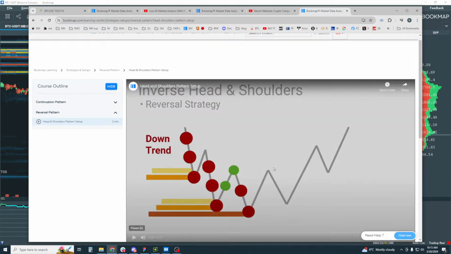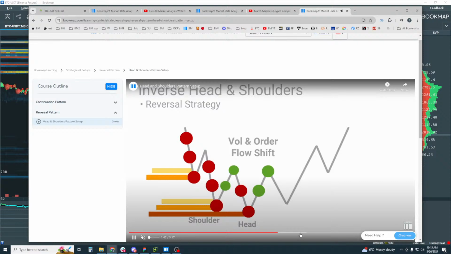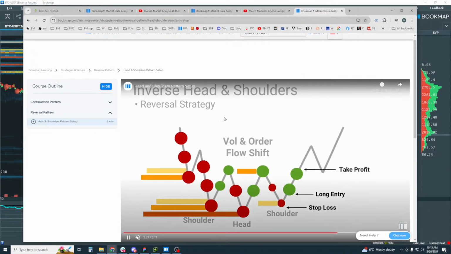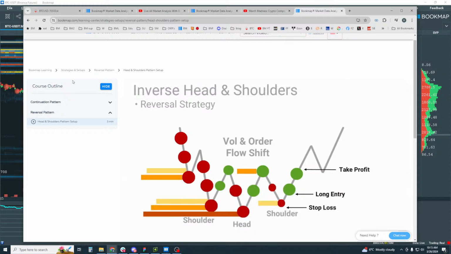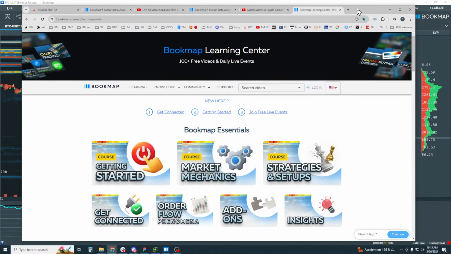This is exactly what I went through in detail, and this is what I was looking for: this kind of shift in the volume and the order flow, and where I entered and even leveraged this position. That was my strategy. I also want to go through another strategy that a lot of you use, I know.